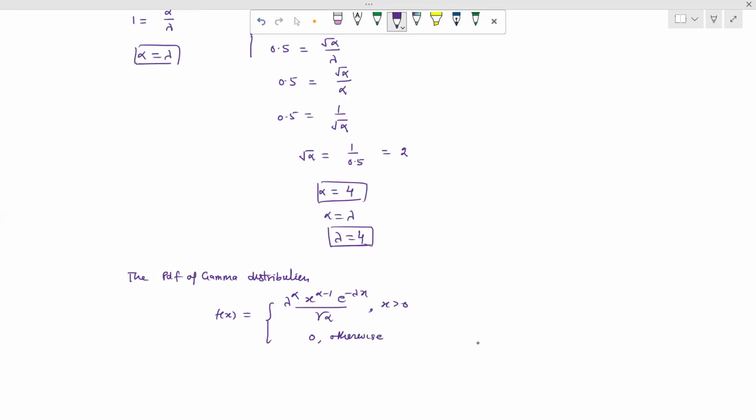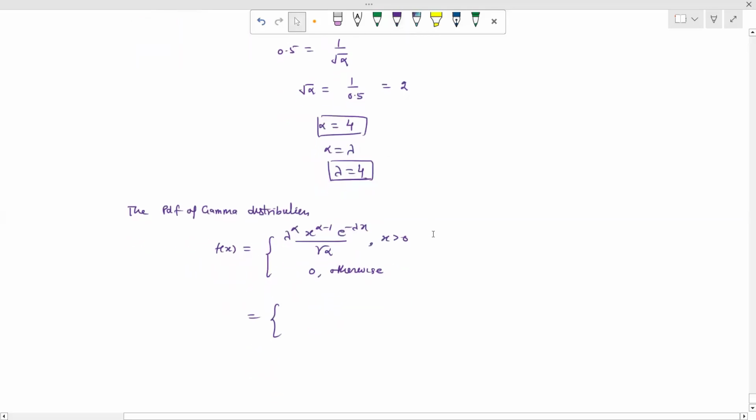So we put the value of lambda and alpha in this. So 4 raised to the power 4, x raised to the power 4 minus 1, e raised to the power minus 4x upon gamma 4. So here x is greater than 0 and 0 otherwise.